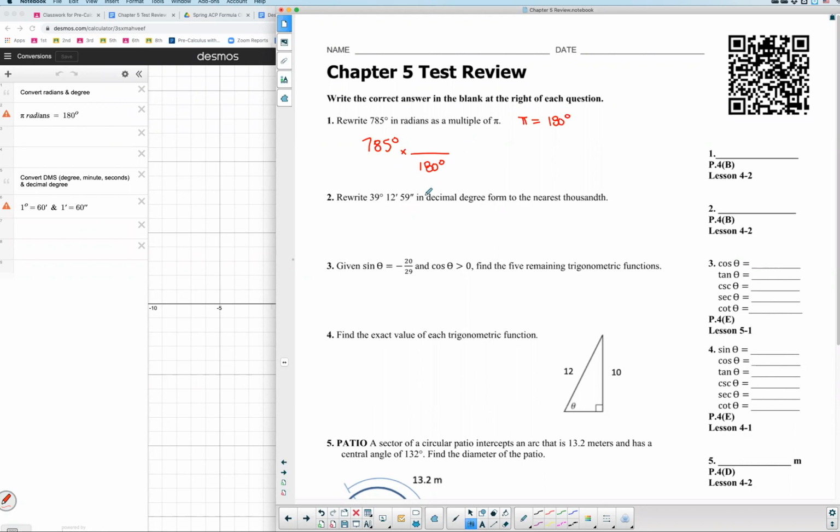But in math or science, you can't just add a multiplication and division without changing the problem unless the value equals 1. Then it would remain equal to itself. It's a tricky way of saying I'm ultimately multiplying here by 1. Pi is equivalent to 180, so that's like multiplying by 1. It just looks different because the degree symbols will cancel each other out, and then we can reduce. I'll use the calculator here.